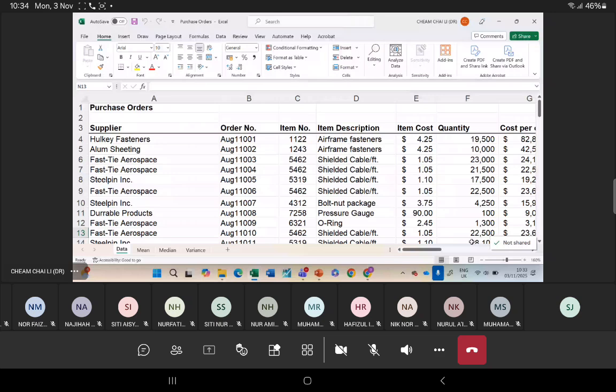So this is how long the transport spends to send a parcel or a product to the destination, right? So this lead time started from when the customer placed the order until the stock has arrived at the destination. So yang tu adalah lead time.